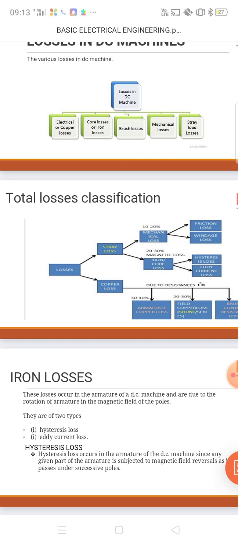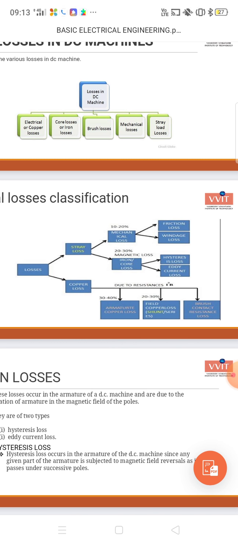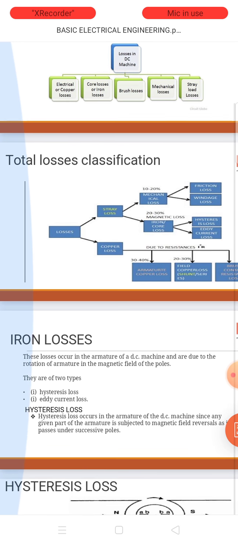In iron loss, there is a hysteresis loss and eddy currents loss. Copper loss is due to resistances. In this copper loss, there are armature copper loss about 30 to 40%, field copper loss about 20 to 30%, and the remaining percent is brush contact resistance loss.